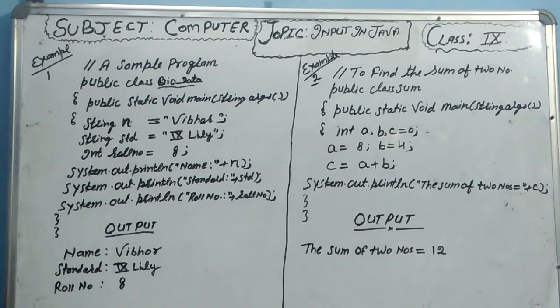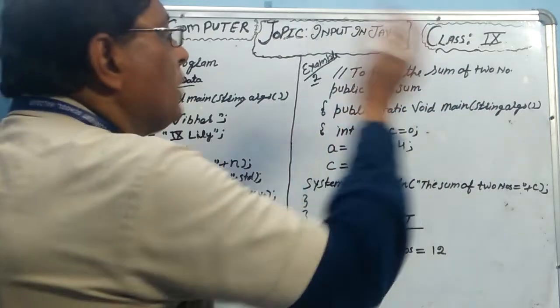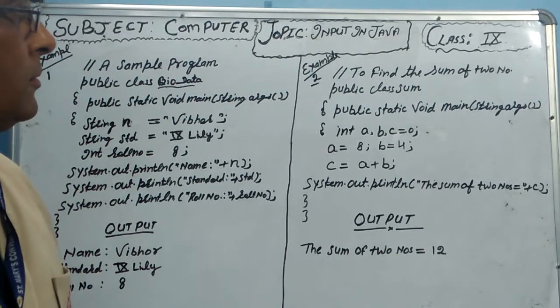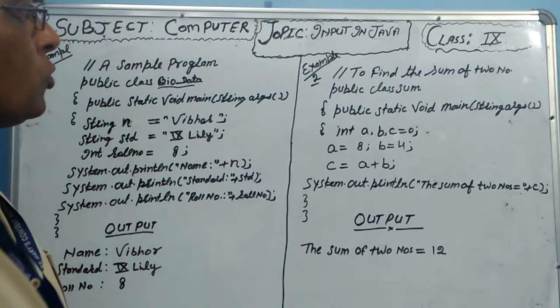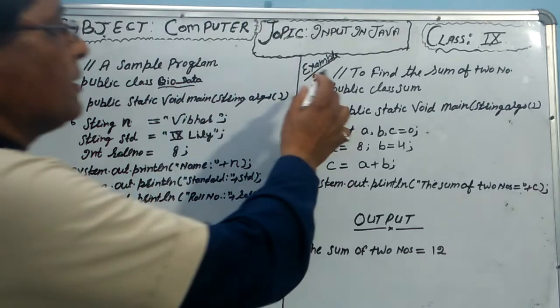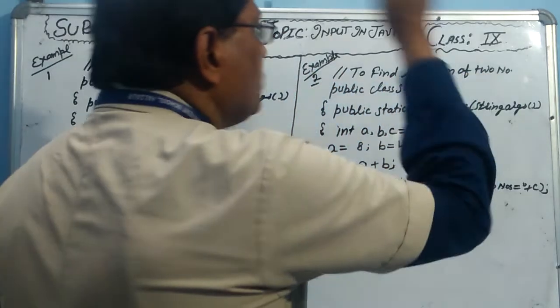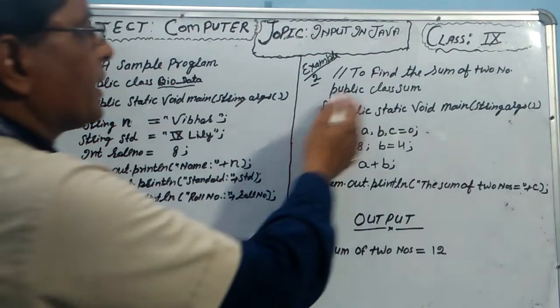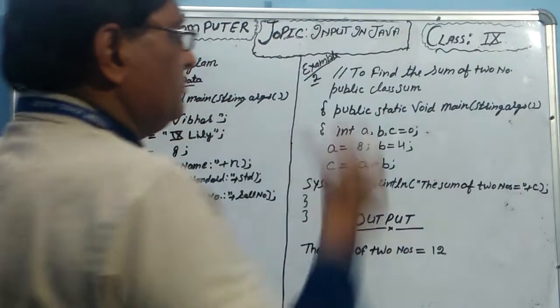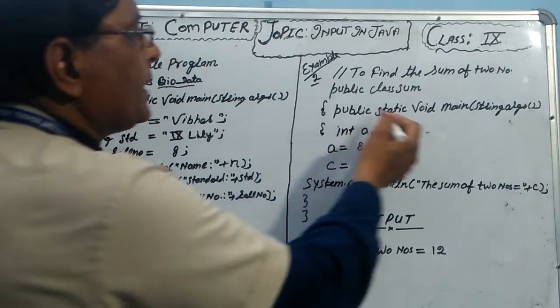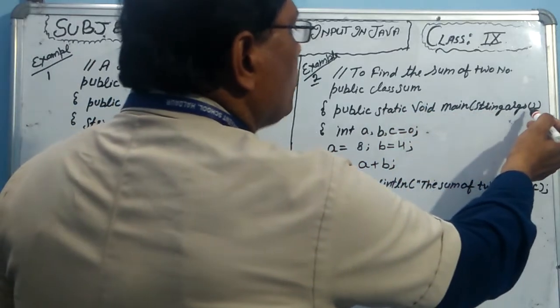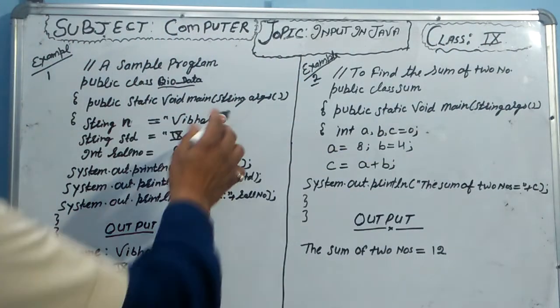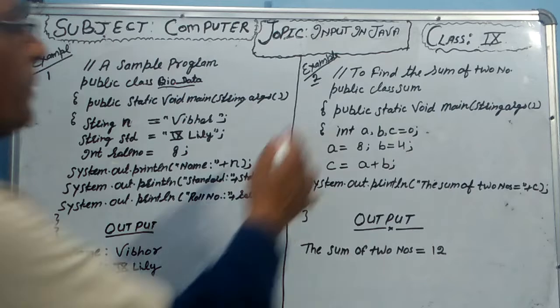In the second program, you have to find the sum of two numbers. Example number 2. You will write the comment to find the sum of two numbers according to the question. Then you will define the class, public class sum, then open brace, then public static void main String argument function, the same line. Now open brace.